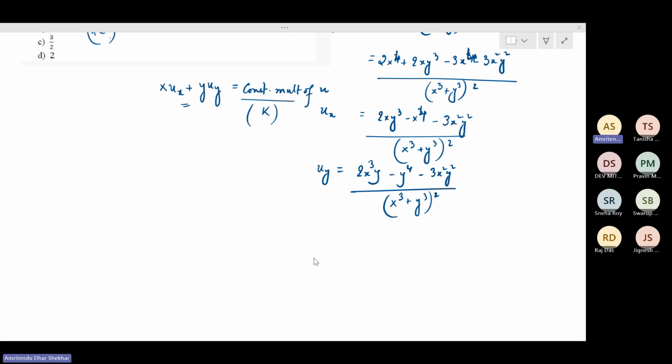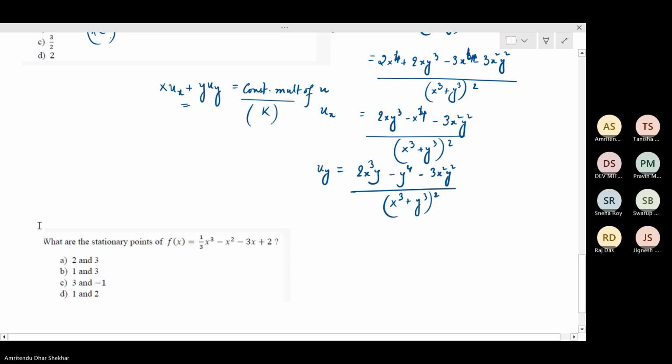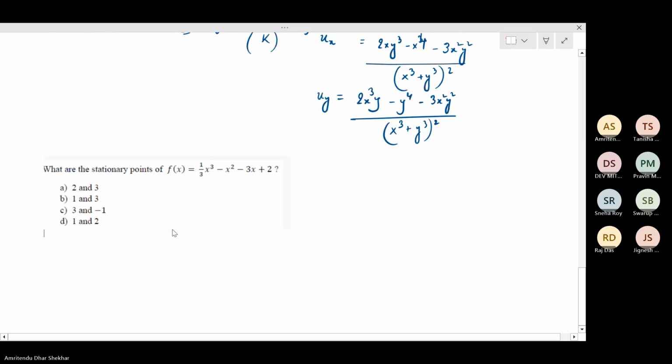So now let's come to a different kind of problem, so-called stationary points. The question is, what are the stationary points of f(x)?